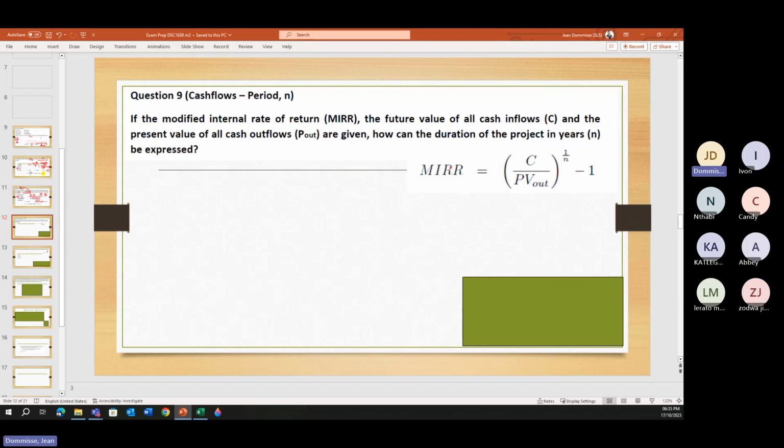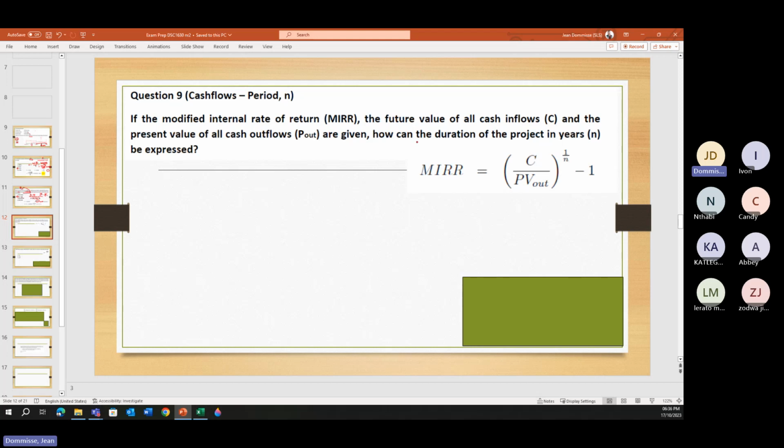They say if, for a modified internal rate of return, the future value of all cash inflows is C and the present value of all cash outflows is P out, how can the duration of a project in years N be expressed?